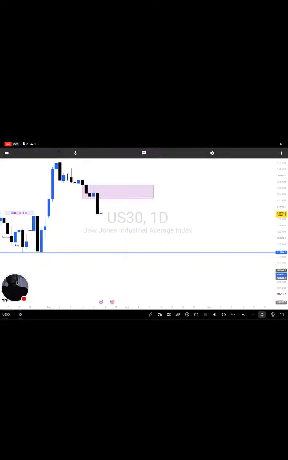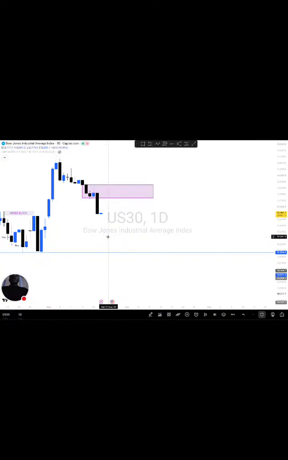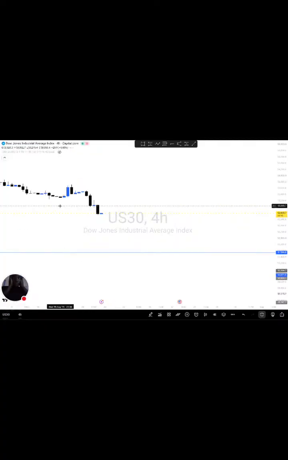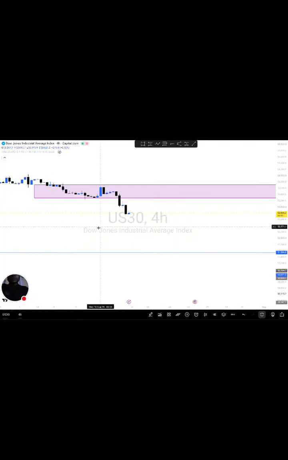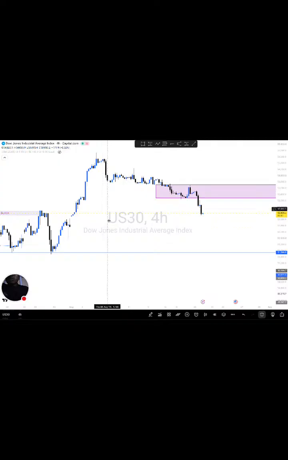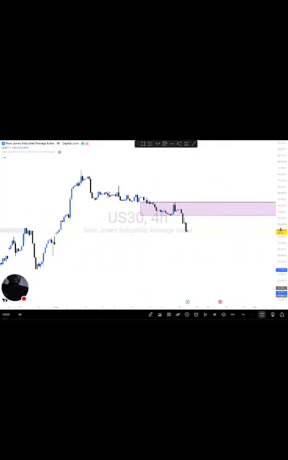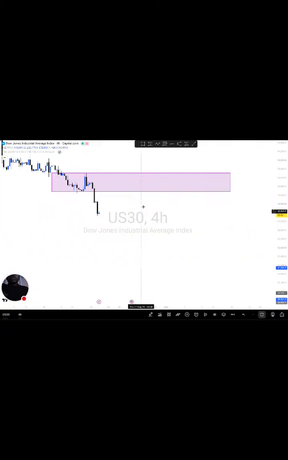So what I will do is mark out my key level from the daily time frame, which is my order block from the daily time frame. Now I have to go back to the 4 hours time frame. This is my order block at the daily time frame. Going back to the 4 hours time frame, you can see the chart in more detail.